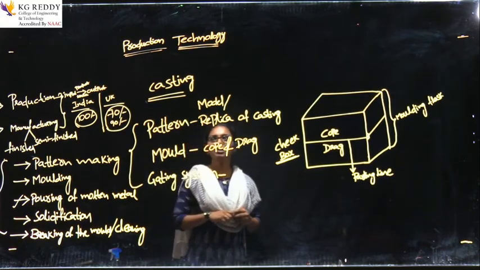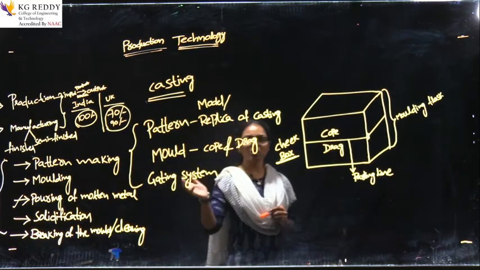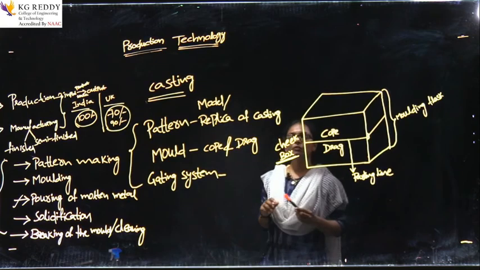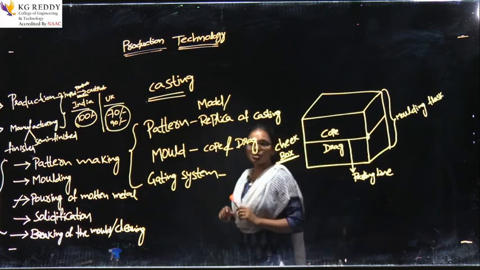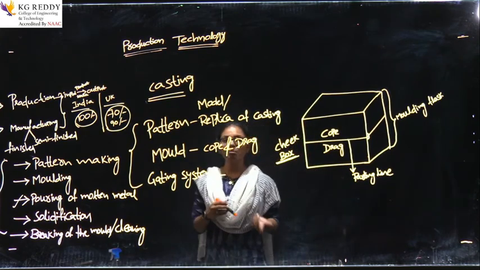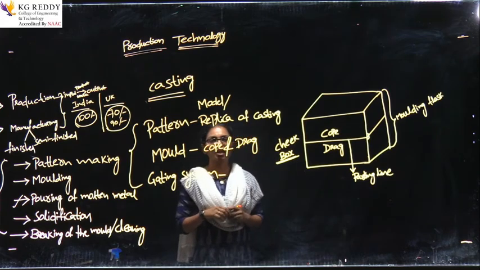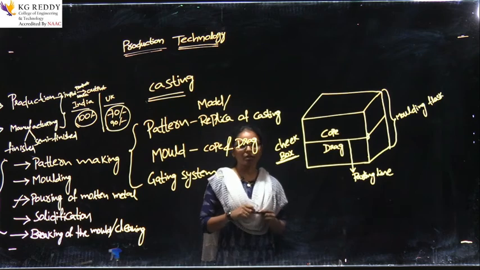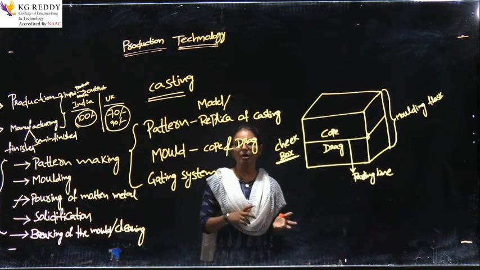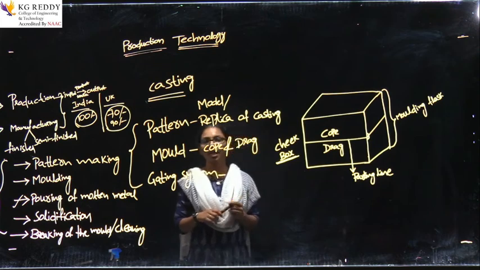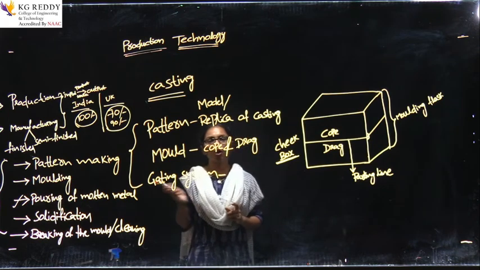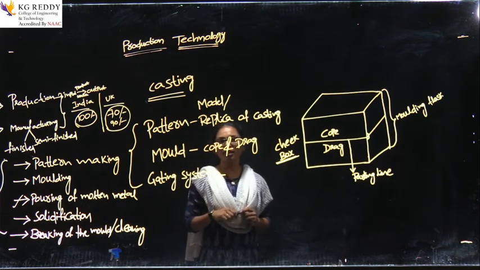The major advantage of using the casting process is that it is suitable for manufacturing any shape of component, whether a simple shape or a complex shape. It is suitable for casting products with very complex shapes, and for components which are larger in size and very small in size.